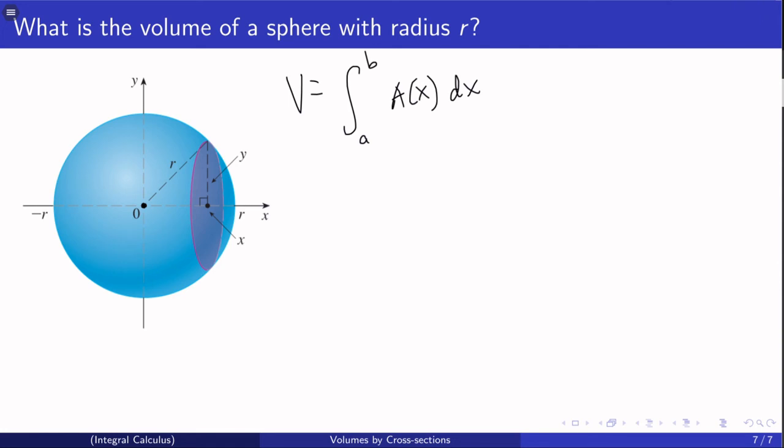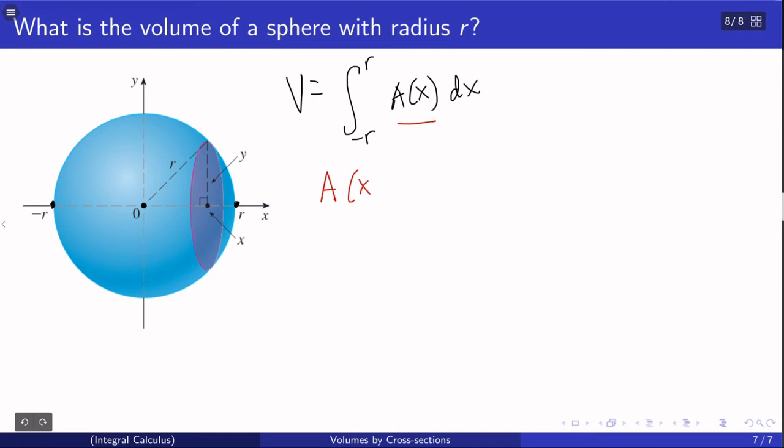Then your x-coordinate varies between minus r and plus r. So that's your upper and lower limit, r and minus r. And for each x-coordinate, I can slice at minus r over 2, for instance, or r over 2, or 1/3 r, or exactly at 0. And what I want is a general formula A(x).